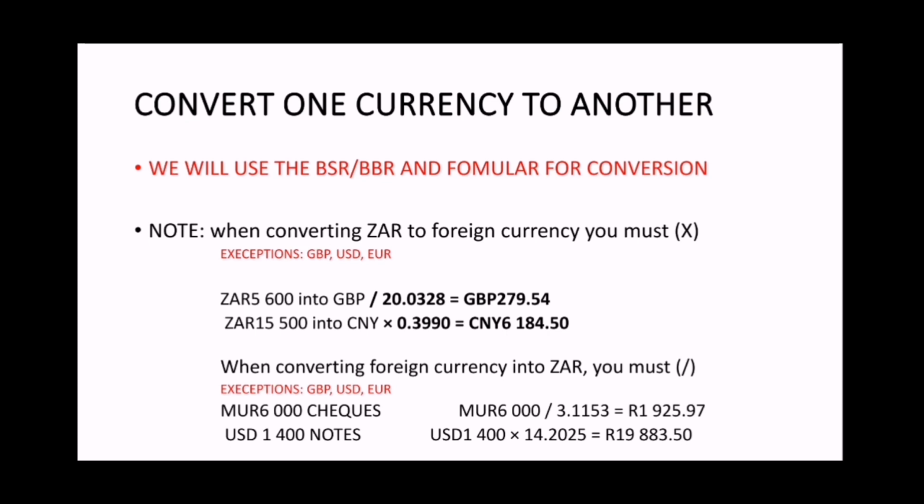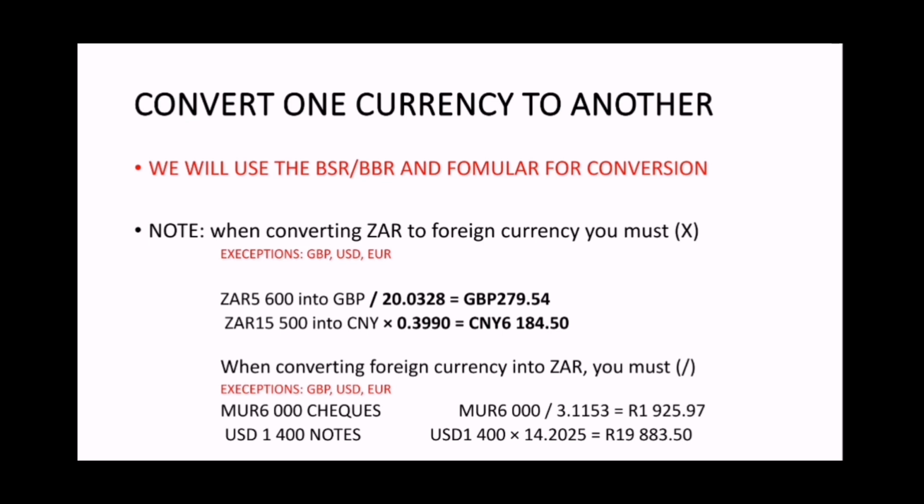For the USD or your major currencies, you then have to multiply by the ROE. Then it says notes. This means it is your bank notes. So you will also have to look in the ROE table for the rate of exchange for actual bank notes, and then multiply for major currencies.